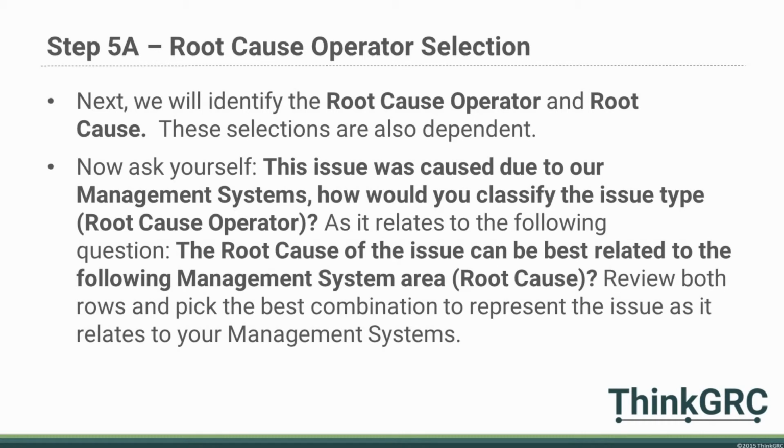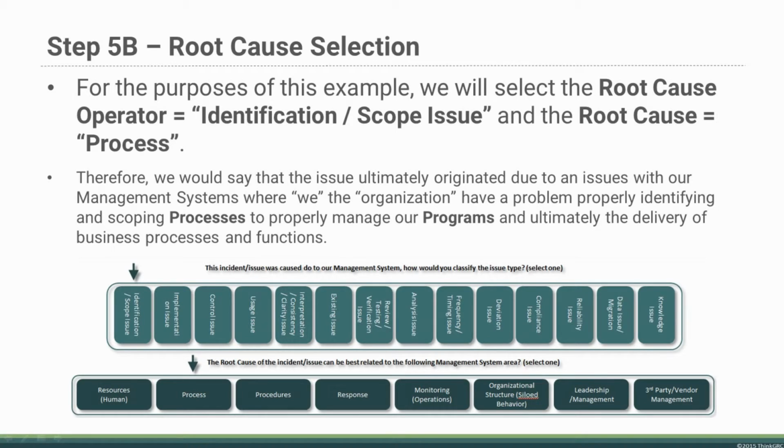Next, we will move into the last section of the map where we classify our incident in relation to organizational management systems, also known as root causes. Let's go ahead and identify our root cause operator and root cause. These selections are also dependent. Now ask yourself, this issue was caused due to our management systems.